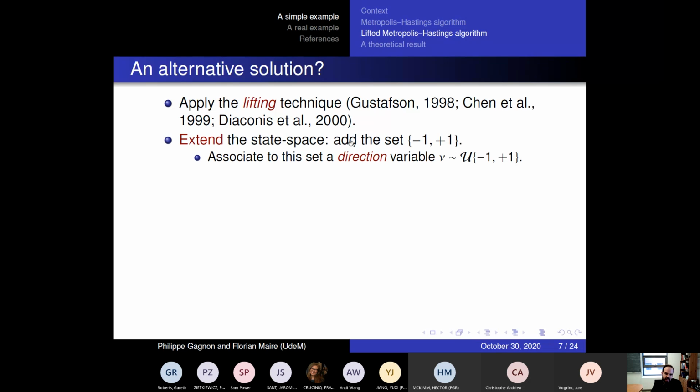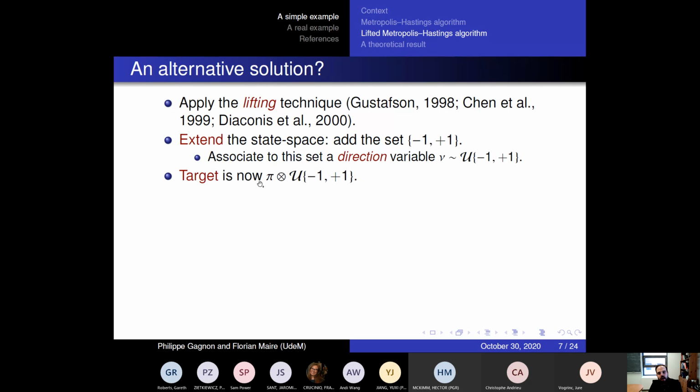In this case, it's a direction variable, denoted nu, that has a uniform distribution over this set. And what this direction variable will do is guide the Markov chain to have persistent movement. It will help us not to have this random walk behavior.